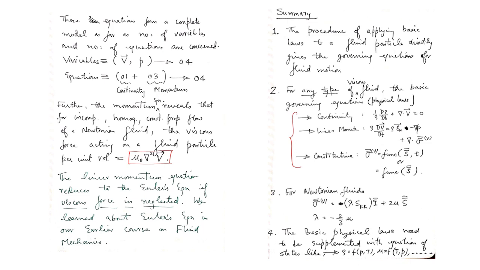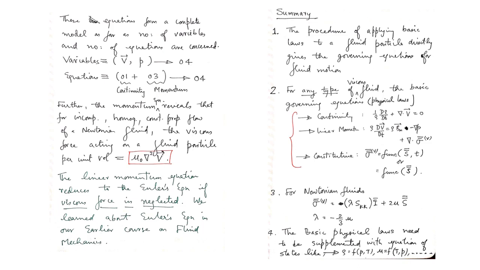So in the modern day context where there's a lot of interest in biological fluid mechanics or applications of fluid flows in biomedical engineering or sort of biological systems, you deal with blood flow in arteries and veins, you may be dealing with airflow inside the lungs, and so on and so forth.